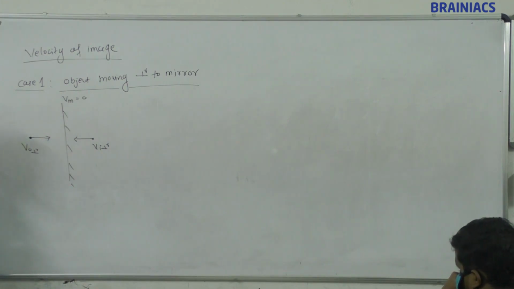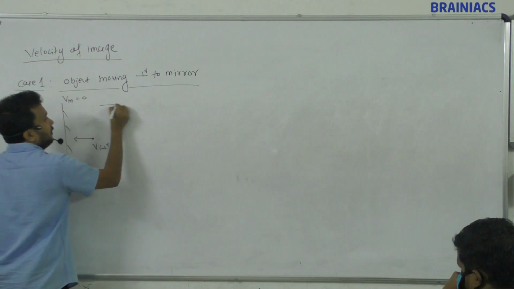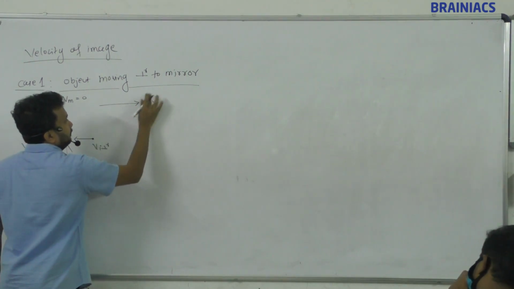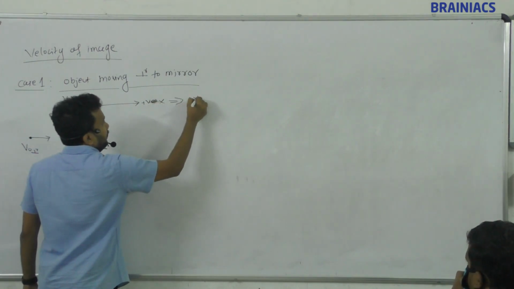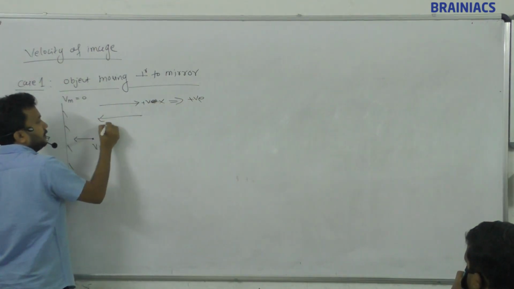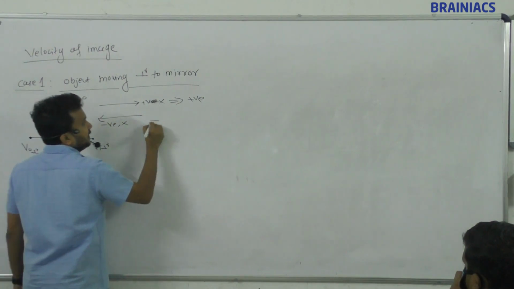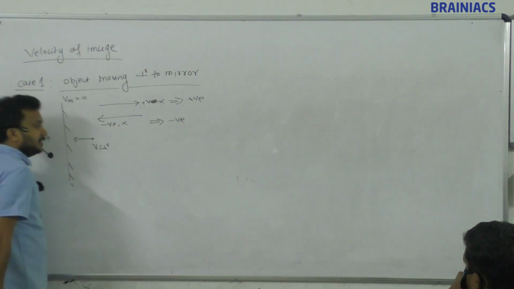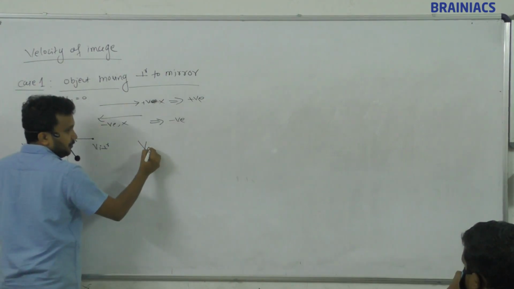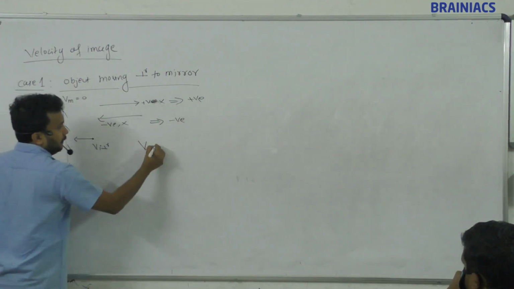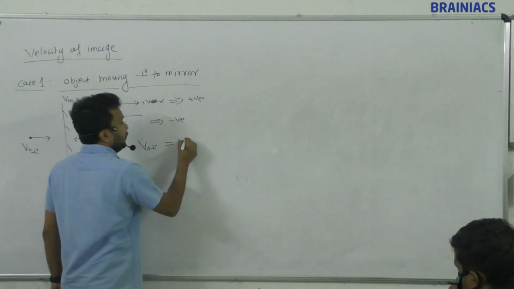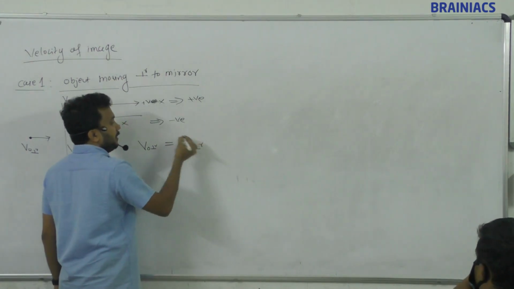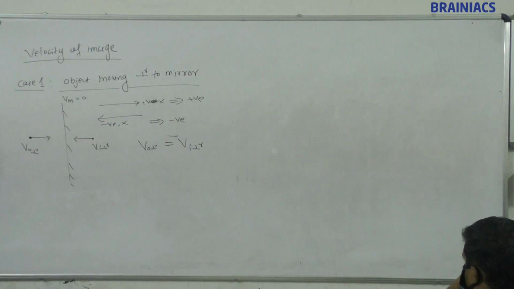By sign convention, whatever moves in the positive x direction is taken as positive. What moves left, which means in the negative x direction, is taken as negative. So velocity of object perpendicular, in the positive x direction, is equal to velocity of image perpendicular but with a negative sign.